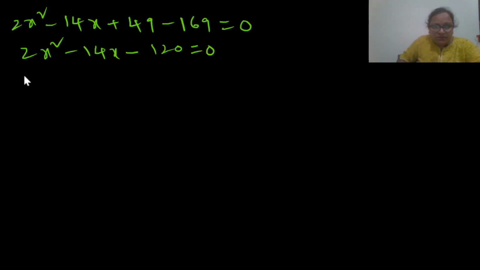Cancel 2 throughout the equation. x square minus 7x minus 60 is equal to 0.